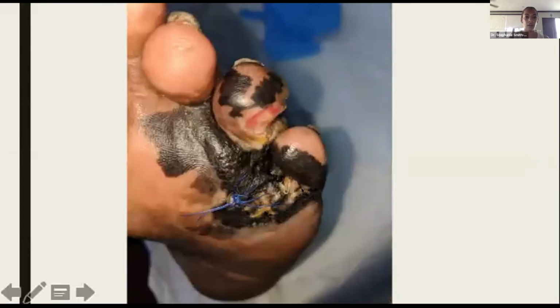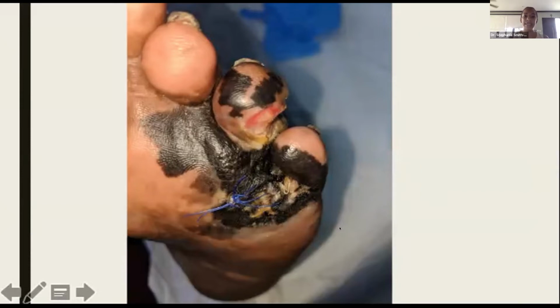We have a closer photo from a different angle. You can see here the black patch. It has variations in colors from some dark brown, tan brown, and then very black areas. It involves the web spaces and, as I mentioned, the digits, and there are areas of ulceration. Here you can see the sutures of one of the sites that we biopsied.